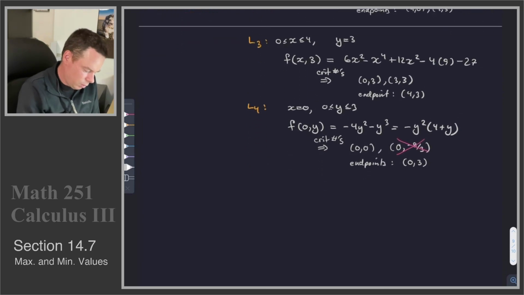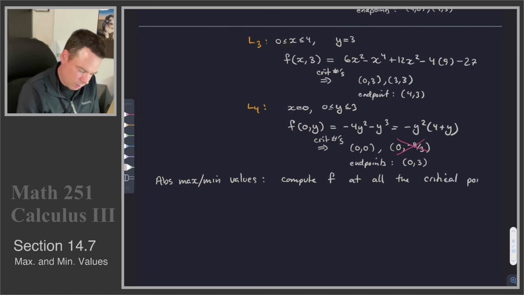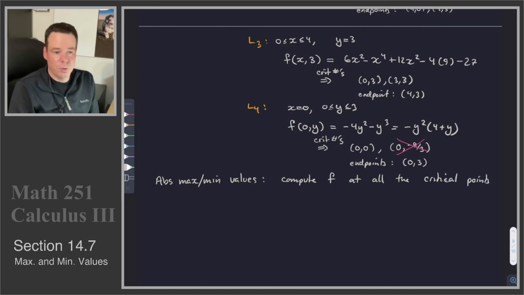Okay. So what is our absolute max and min values? Well, what we do is we compute f at all the critical points. Those are because the surface was doing something, either a local max or a local min.